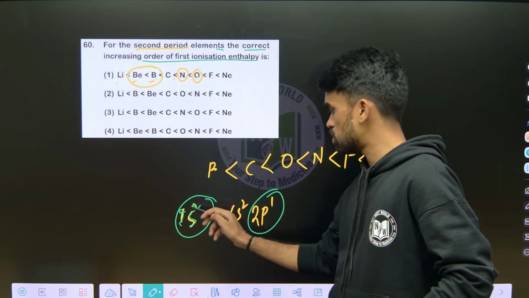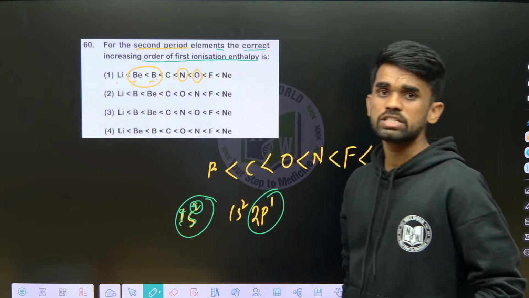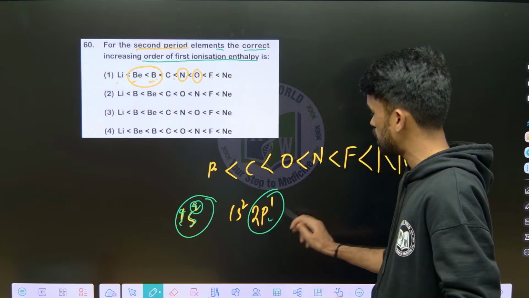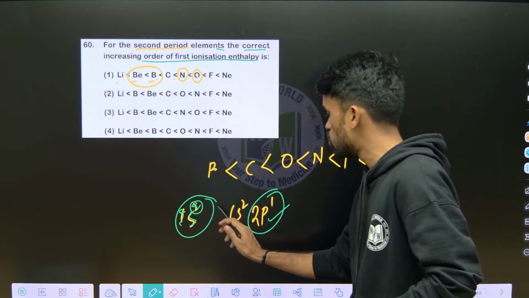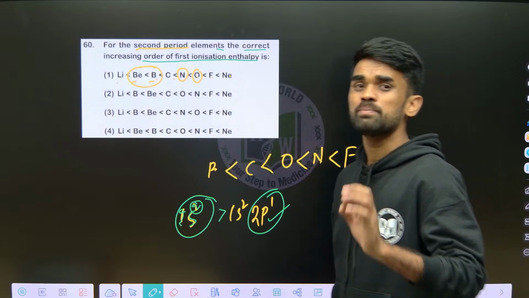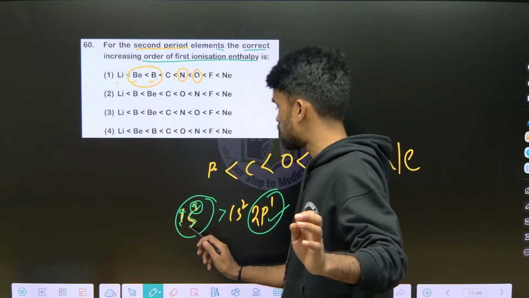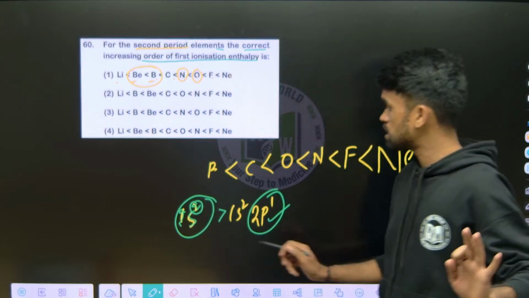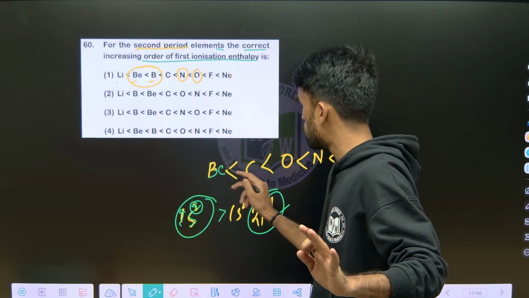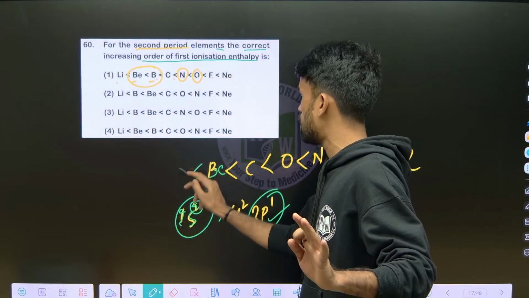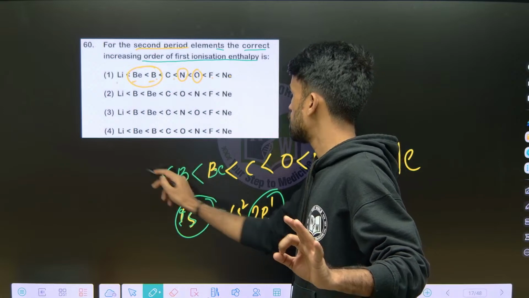It means the positive charge acts on the s orbital electrons more effectively than on the p orbital, therefore it requires more energy. This concept is called the penetrating capacity of the s orbital being more than the p orbital. That's why beryllium has more ionization energy than boron, and the least is for lithium.